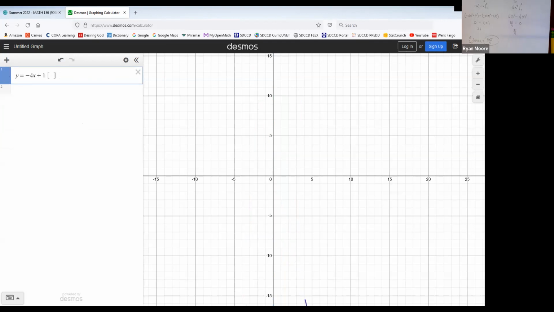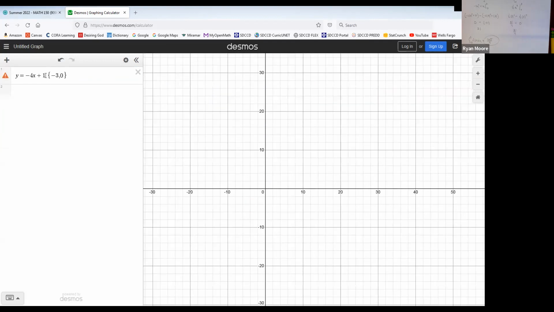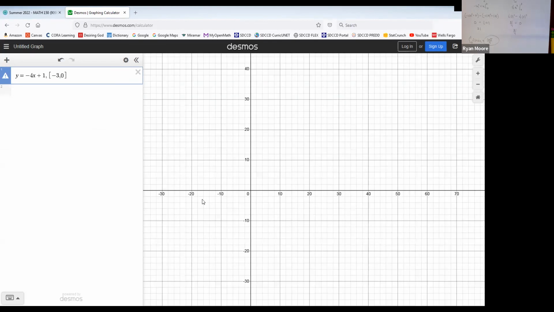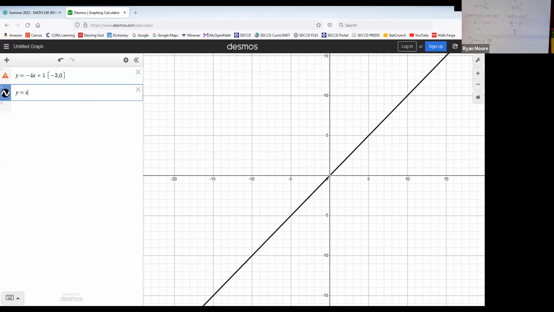And if you put in some square brackets, negative 3 to 0, maybe it wasn't square brackets. What is the problem? Y equals x cubed.